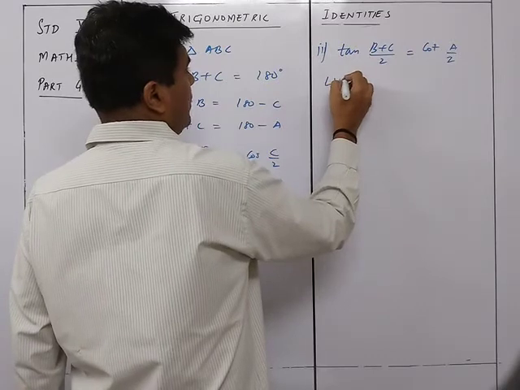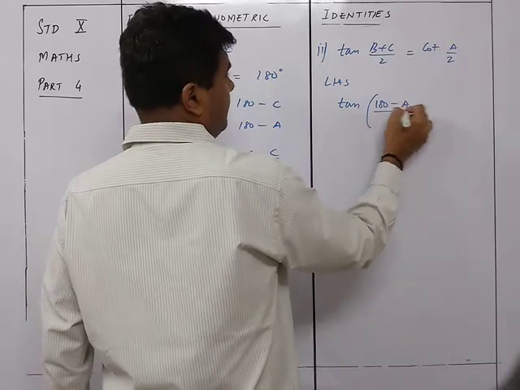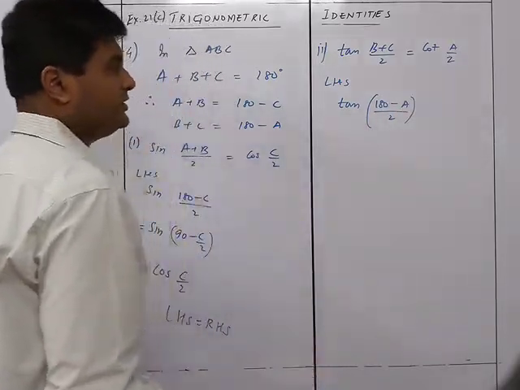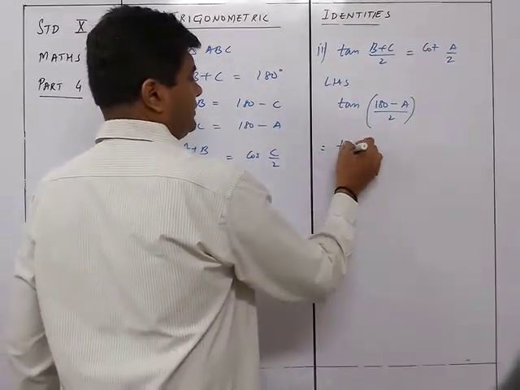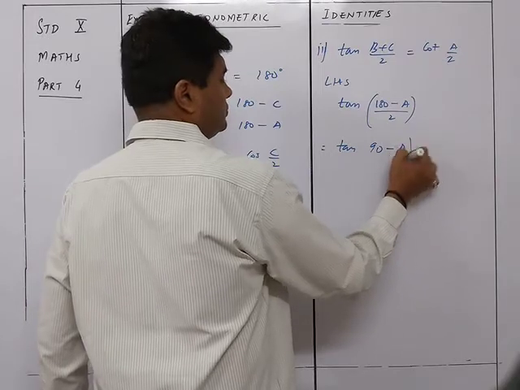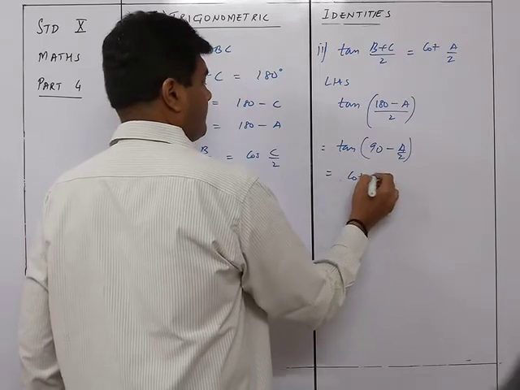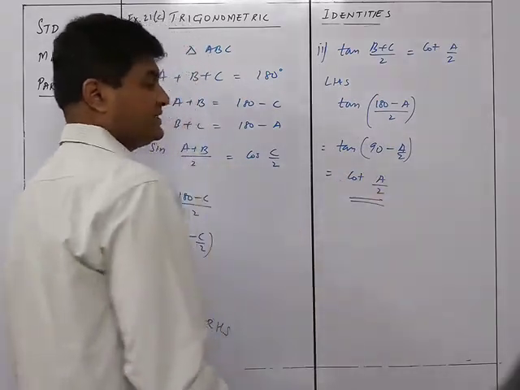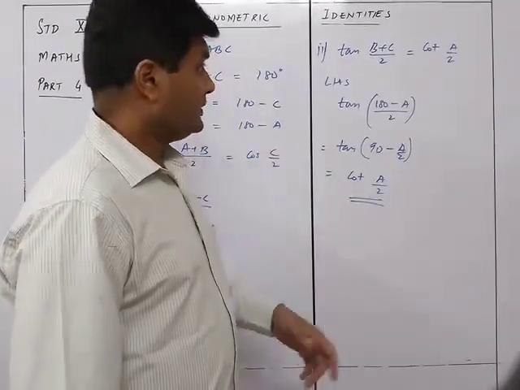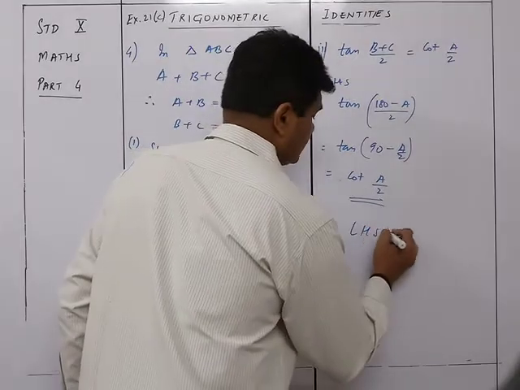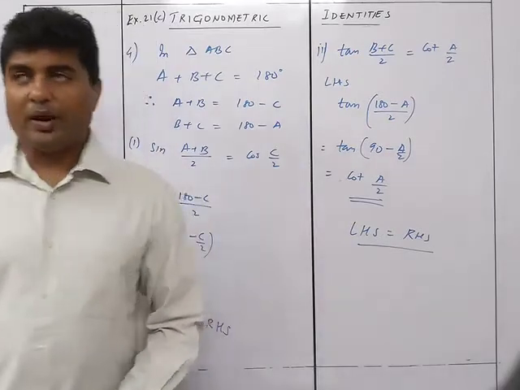LHS we have got over here as tan 180 minus A upon 2, because B plus C is 180 minus A. So this becomes tan 90 minus A upon 2, which is nothing but cot A upon 2, because tan 90 minus theta is cot theta. LHS is equal to RHS. That was sum number 4, parts 1 and 2.